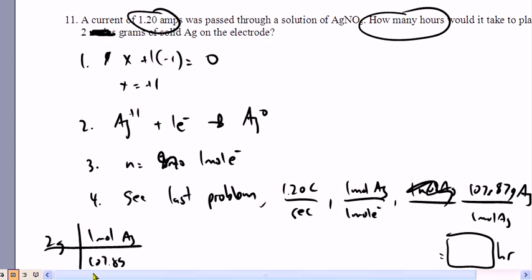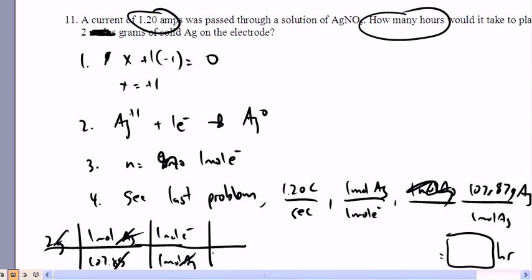Apologies, I'm moving fast here, but I got my 10-minute limit here for YouTube. For every 1 mole of Ag, it's 1 mole of electrons. For every 1 mole of electrons, 96,500 coulombs. 1.20 coulombs, 1 second.